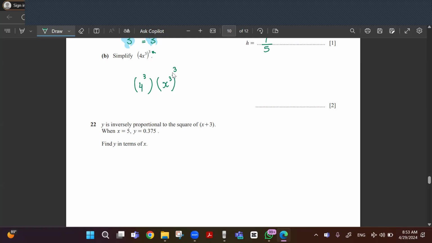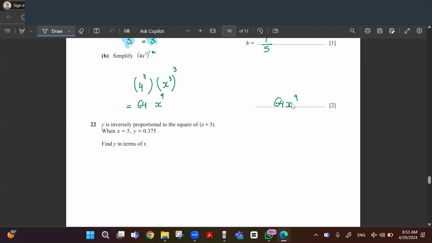Because the first power 3 was already on the x, and the second one is distributed. So from here, 4 power 3 equals 64. Then x power 3 and again power 3. We have two powers on the same base, so we multiply them. 3 multiplied by 3 equals 9. So the final answer will be 64x power 9.